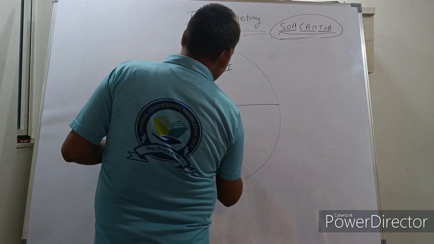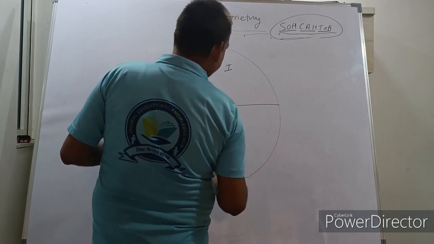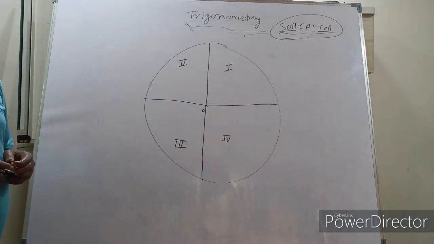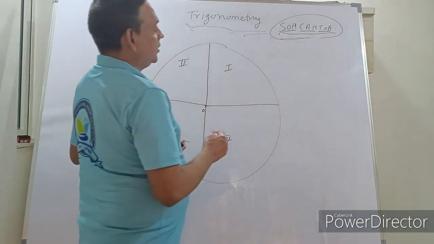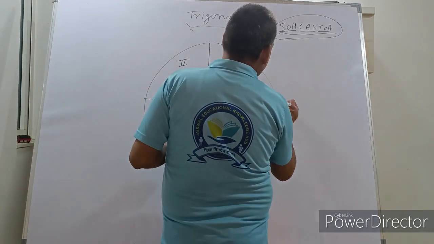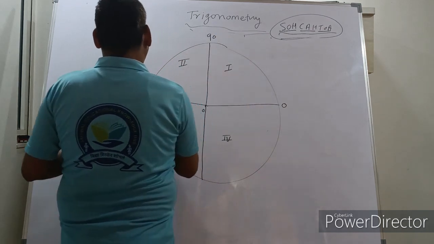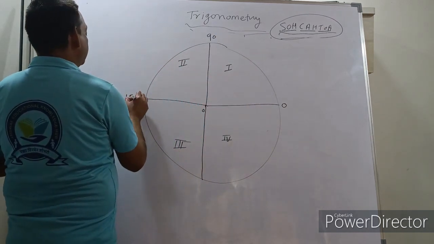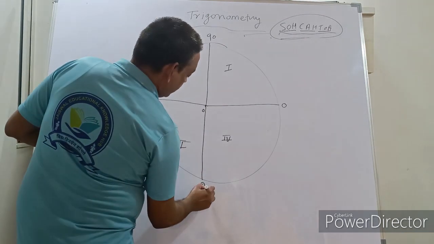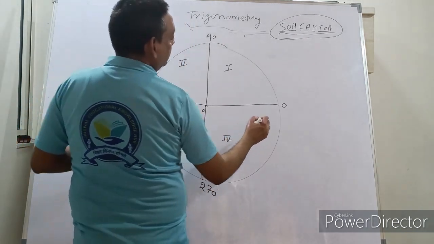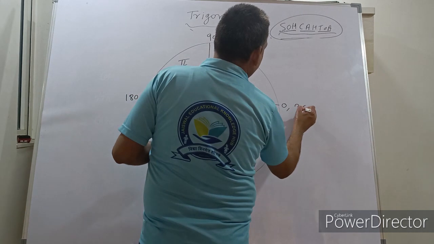So in total we have 4 quadrants. This will be 0 degree, 90 degree, this is 180 degree, 270 degree, and this becomes again 360 degree.